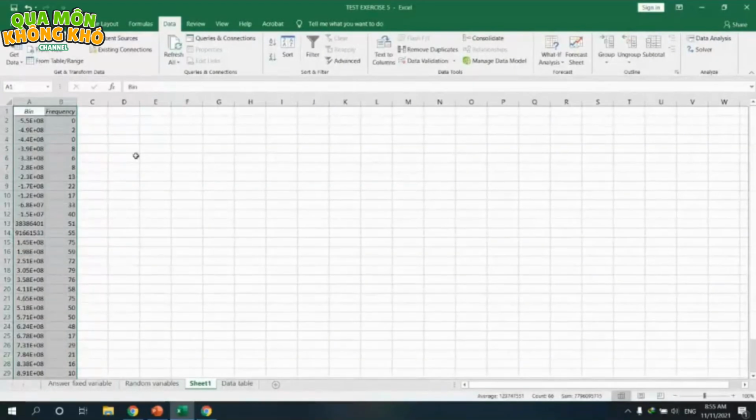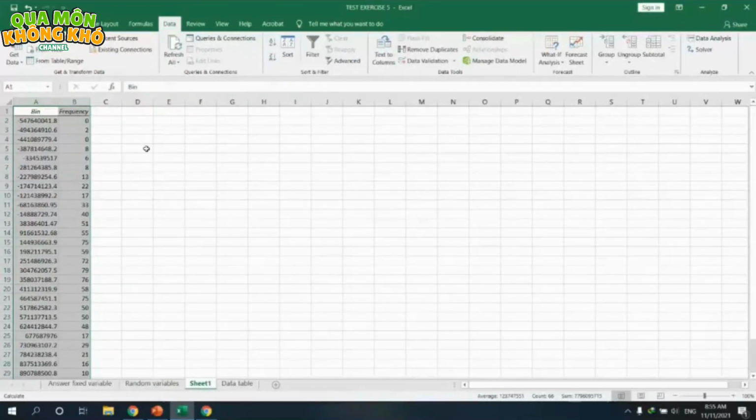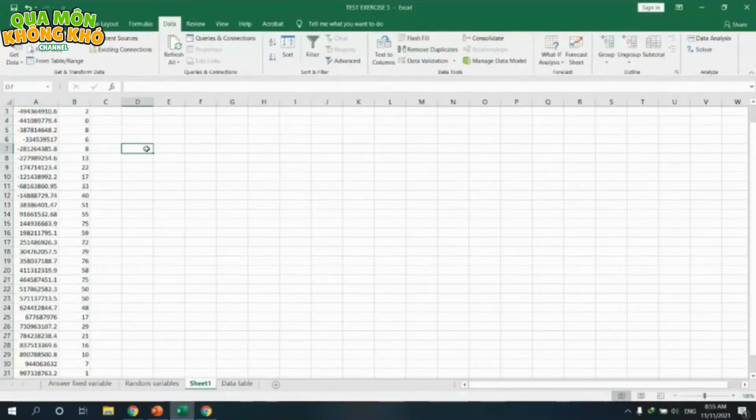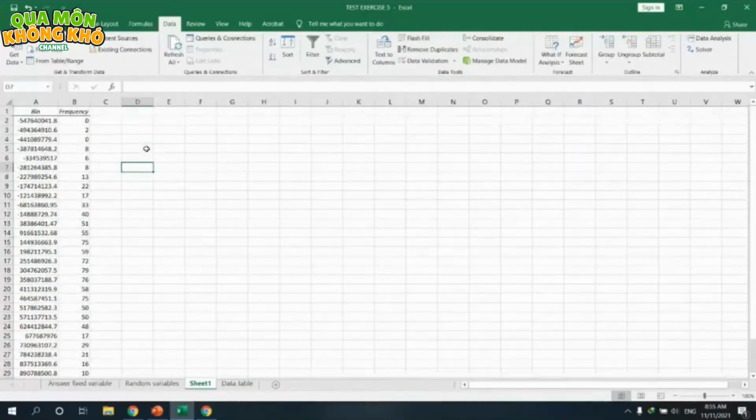So this is the histogram. With this, for every NPV you have the frequency of these NPVs. So you need to insert a chart for this histogram.